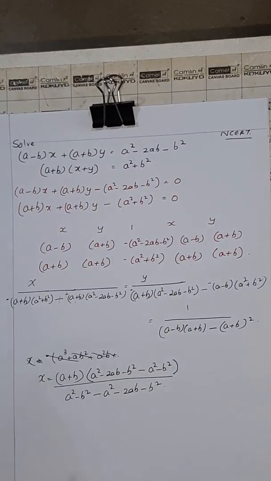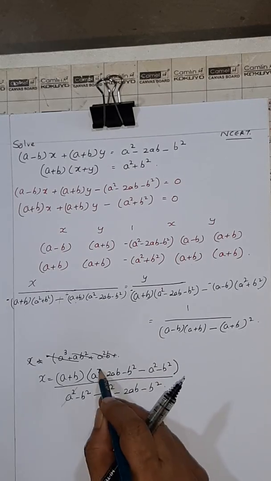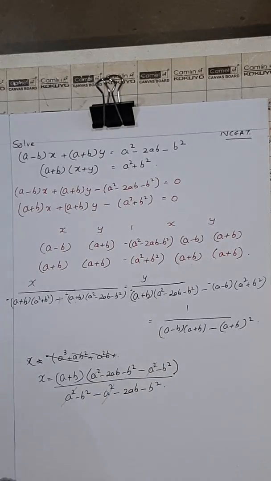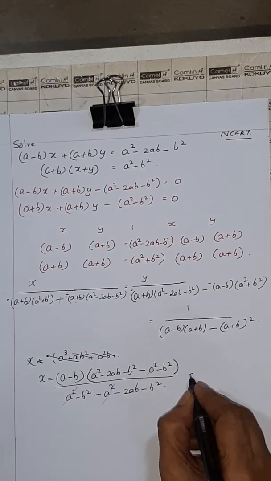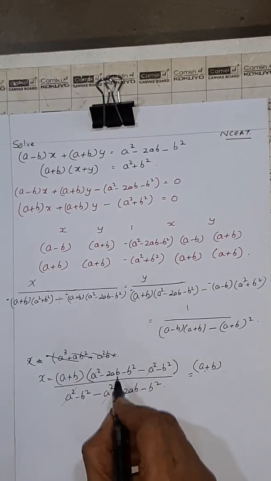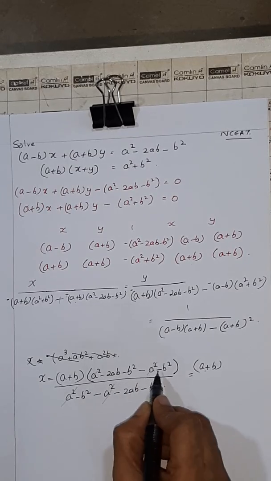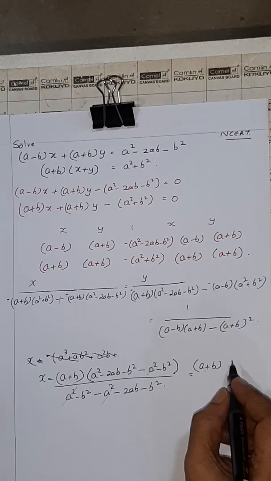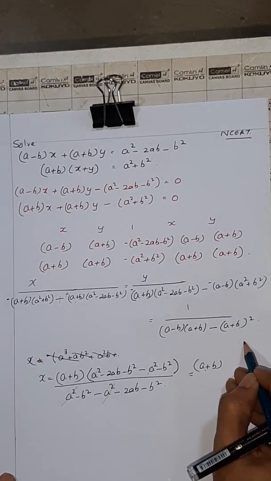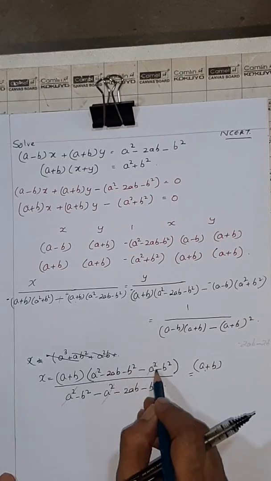So a squared and a squared will get cut here. So this will become a plus b into, this is minus 2ab minus 2b squared. So minus 2ab minus 2b squared you get here.